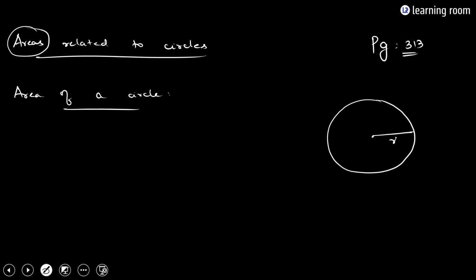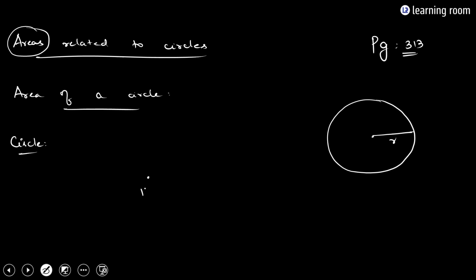So how do you define a circle in the first place? Points equidistant from a certain point. Yes, infinite number of. Very good, that's right, Vishnu.